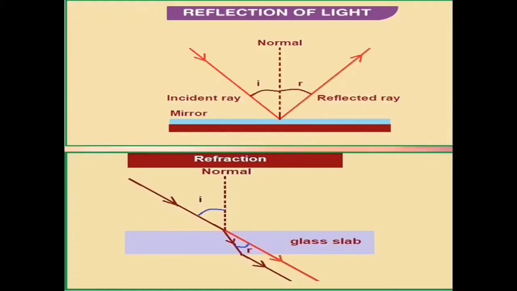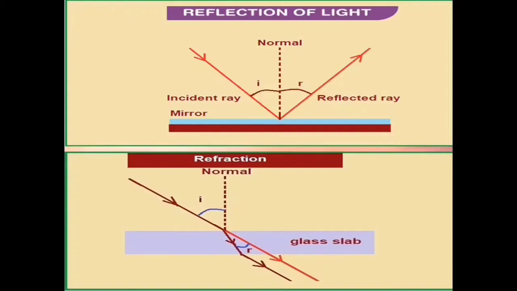But due to refraction, the light ray shifts from its original path and bends when it travels from the rarer medium into the denser medium. This bending of the light ray from its original path when it travels from the rarer medium into the denser medium is called refraction of light.